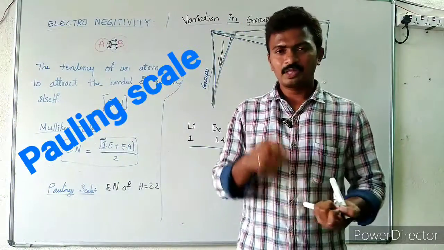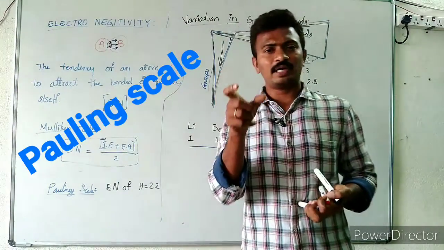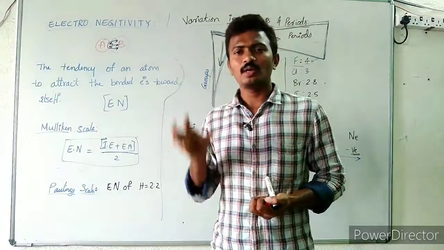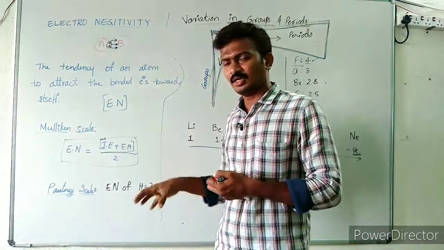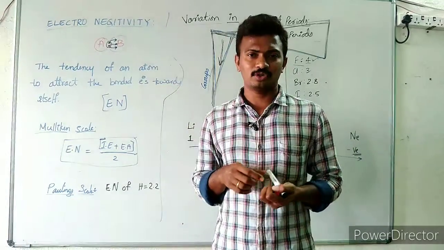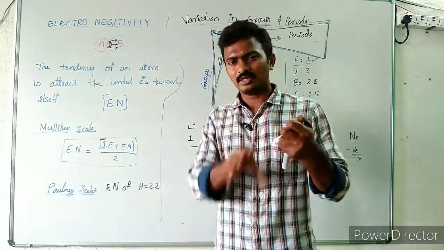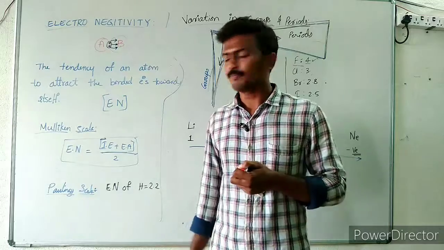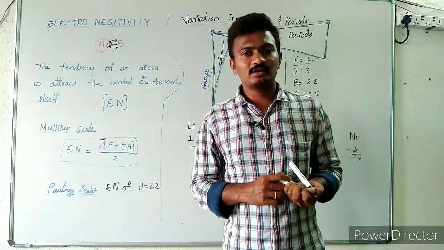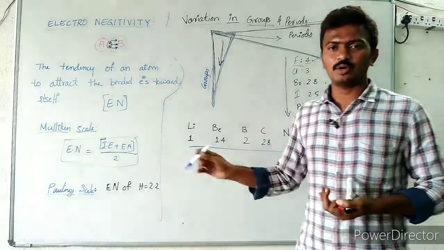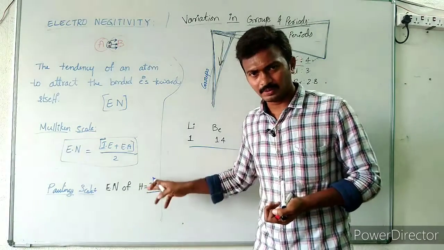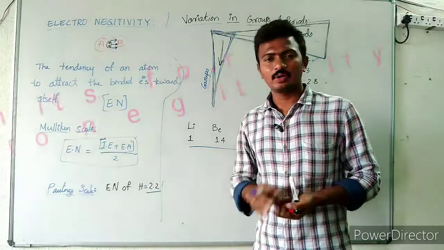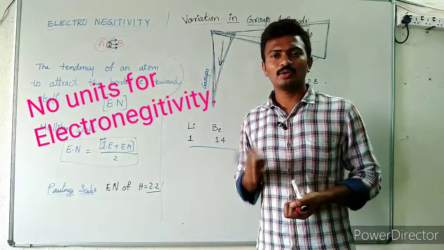He fixed the electronegativity value of hydrogen as 2.2, and he calculated the remaining elements with respect to hydrogen. That is more successful, and that is being followed now. As the electronegativity values are relative with respect to hydrogen, we don't have any units for electronegativity.